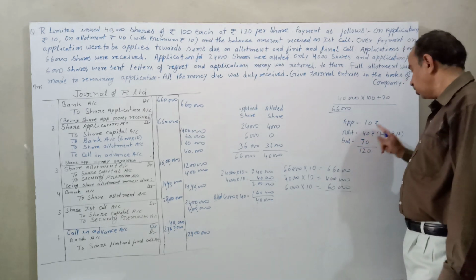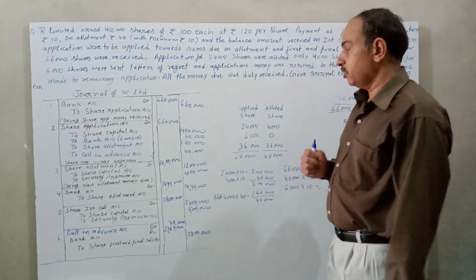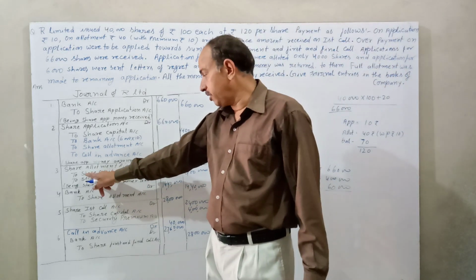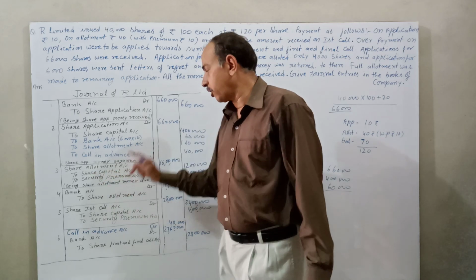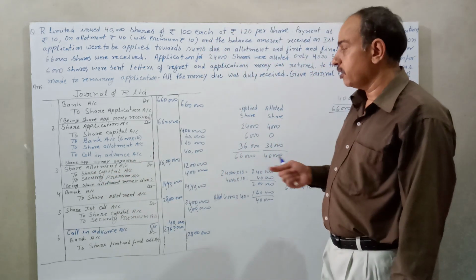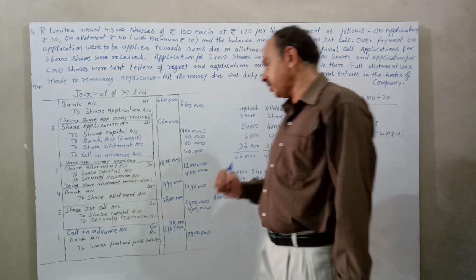Out of 40, rupees 10 is premium. So the company divided this amount into share capital and security premium.